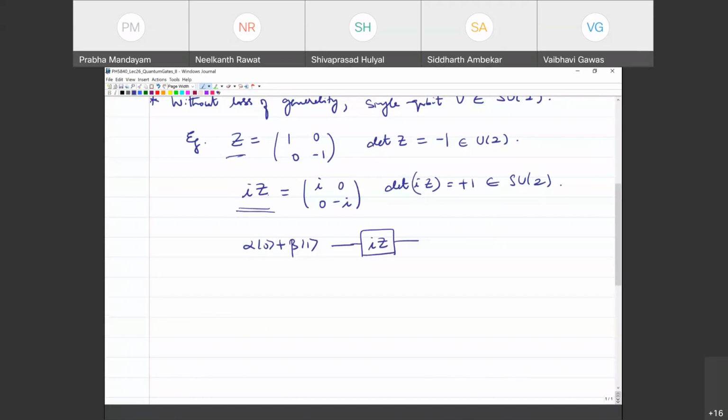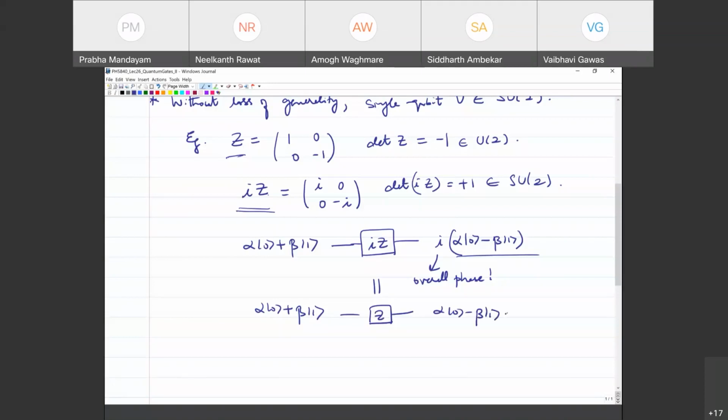I times alpha 0 minus beta 1. Exactly. So this is just an overall phase, right? And we said all states are equivalent up to an overall phase, so this doesn't matter. So essentially, we have gotten the desired output as the Z gate, whose action is alpha 0 minus beta 1.